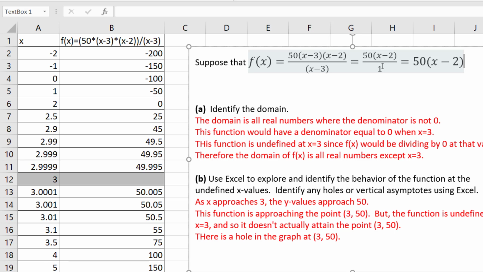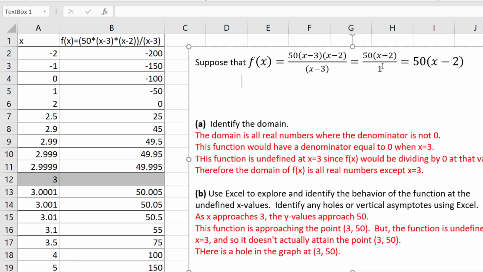The function still has to have the same domain. You can't simplify a function, and when you simplify it, the domain changes. That doesn't make any sense. It has to be exactly the same function. So in the beginning, we said that this function f of x has a domain where x cannot equal 3. I'm just going to write that right underneath this.